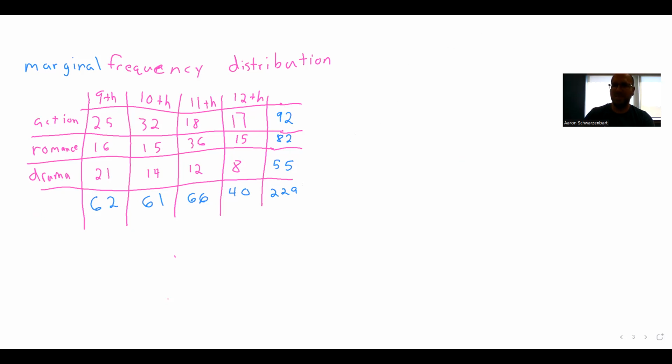We can take our marginal frequency distribution and make a relative frequency distribution, or a relative marginal frequency distribution. If the word is relative, you need to know this by name.